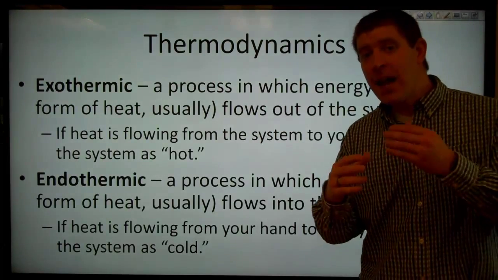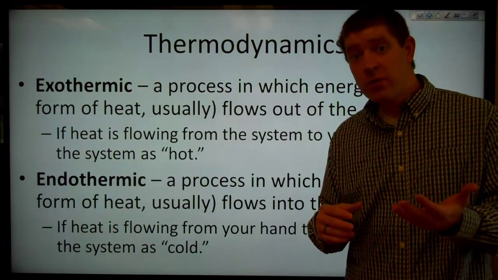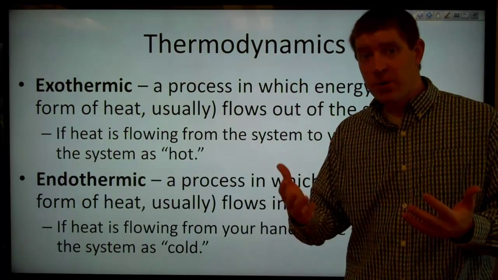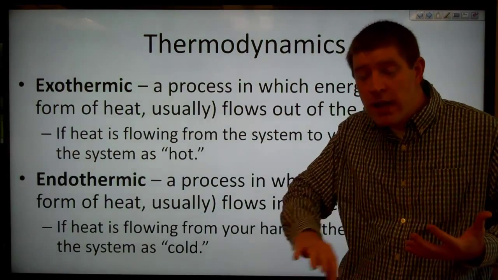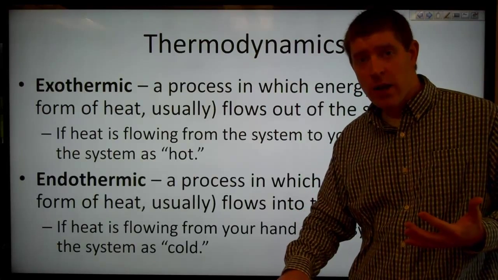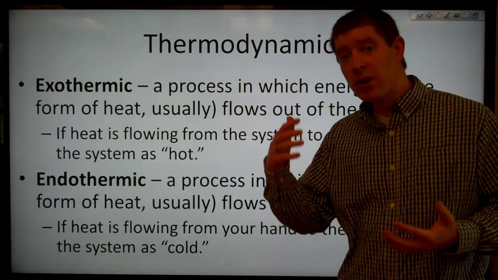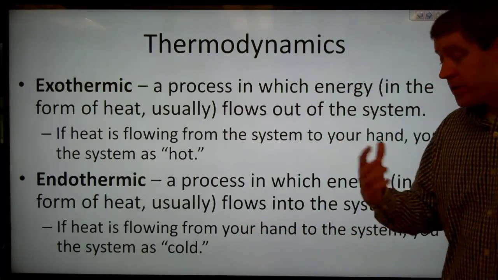But that doesn't mean that the temperature of the system is high. There's a difference between heat flow and temperature. An object could have a low temperature, but if it's losing energy to the outside, it's still exothermic, but its temperature may be lower than the temperature of your hand.